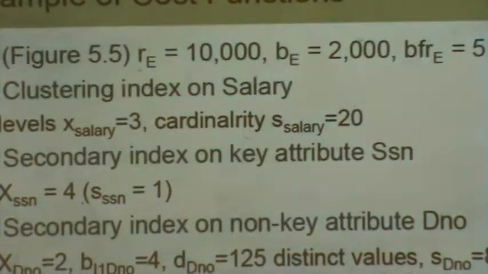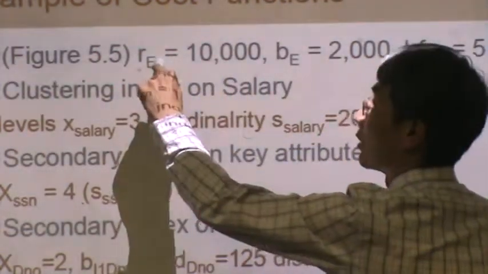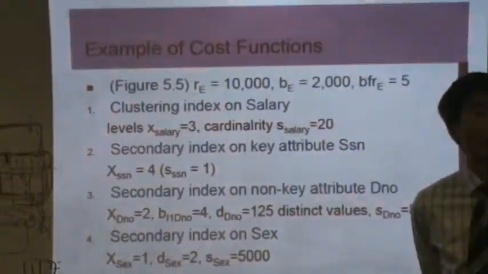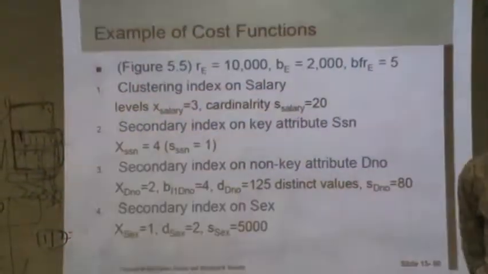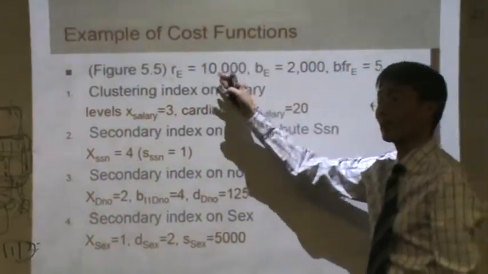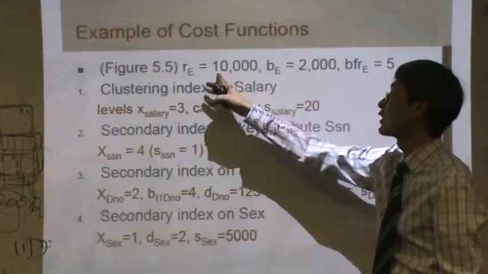To do that, first we should know the statistics information of the company database. That's here. R_E means the employee table, the number of records. How many tuples for the employee table? 10,000 employees, so R is 10,000.